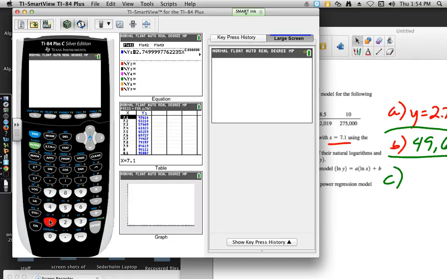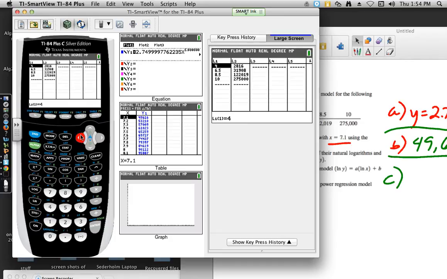So edit and up to the title, and we want to tell it natural log of list 1 and have it calculate that, and it did. So now we go to list 2 all the way up to the name, natural log, second, list 2, recalculate those as natural logs.